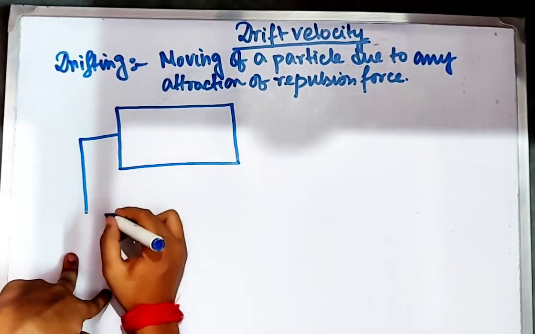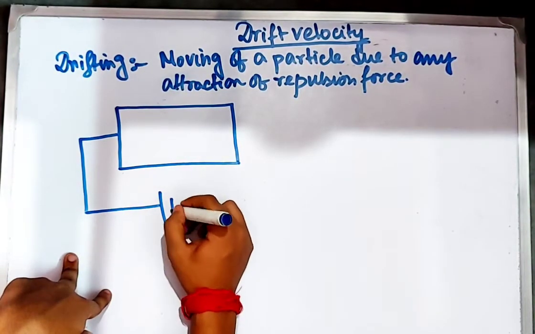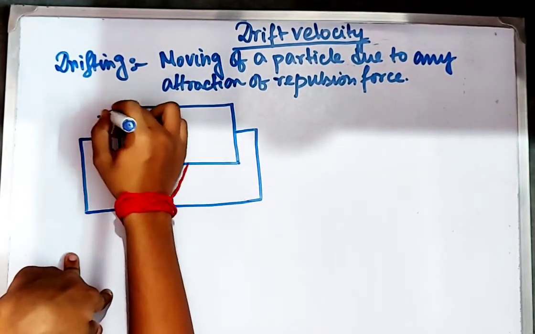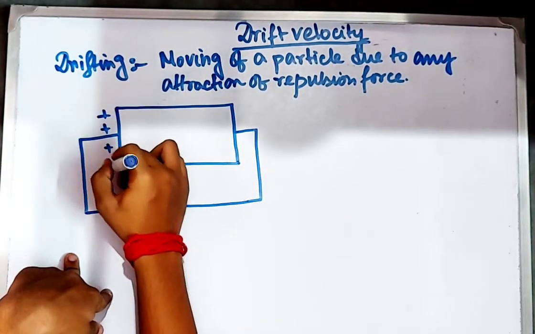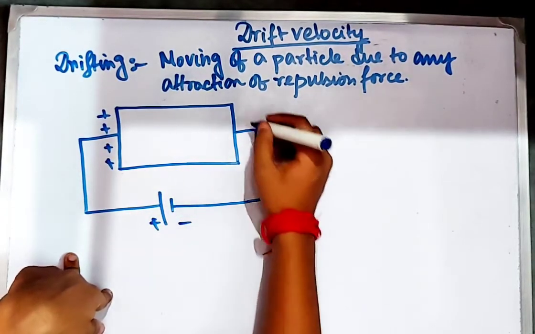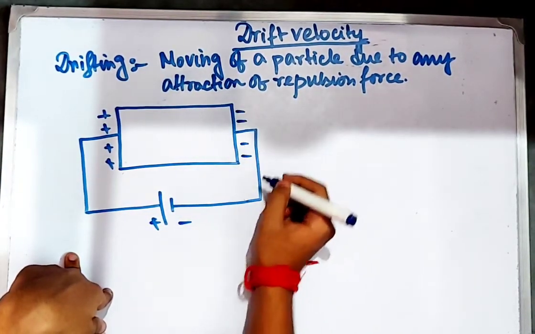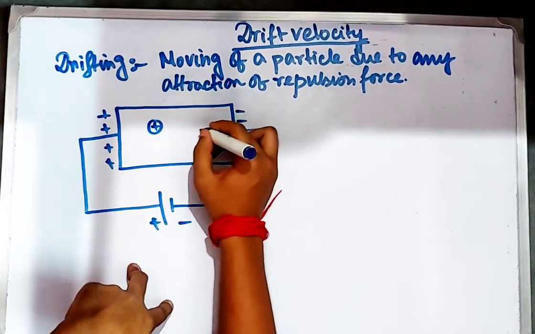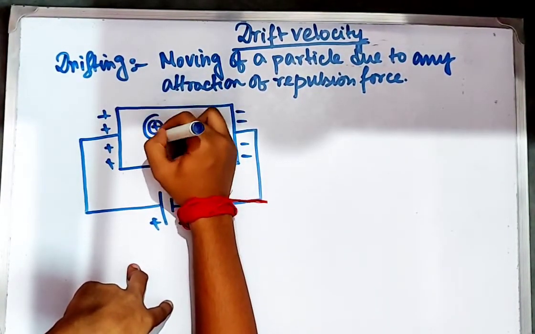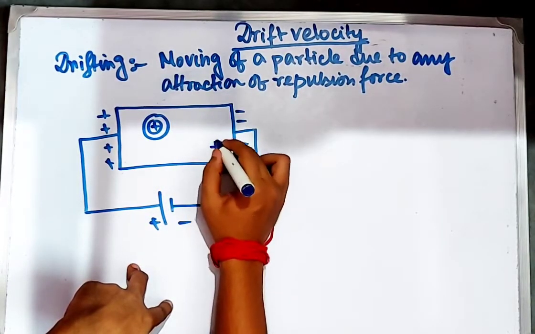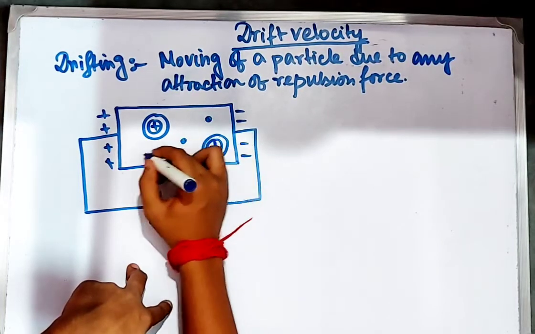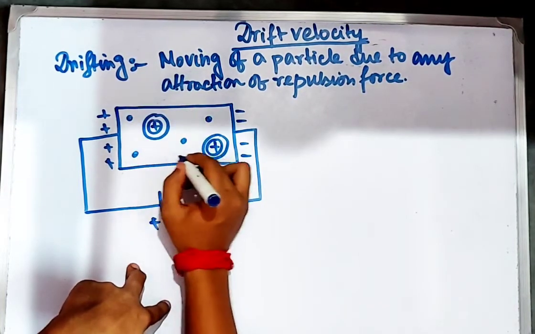Suppose the semiconductor is now connected with a voltage source. This is higher potential, and this is lower potential. And of course there are some immobile ions in the semiconductor, and there are some free electrons also.